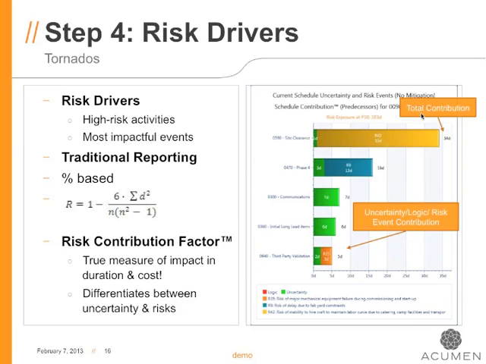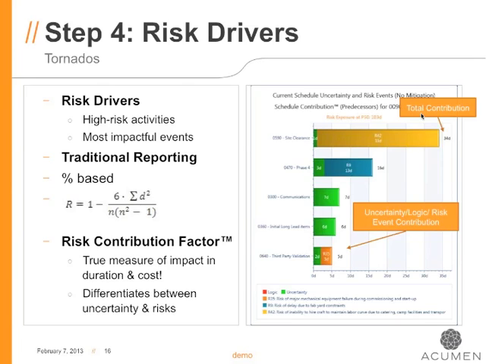So talking of misleading metrics, the tornado chart. Historically, we have used tornado charts to report which activities or which risk events are the most impactful on our project completion. And tornado charts have used metrics such as schedule sensitivity or criticality, or years ago we introduced a metric called cruciality.